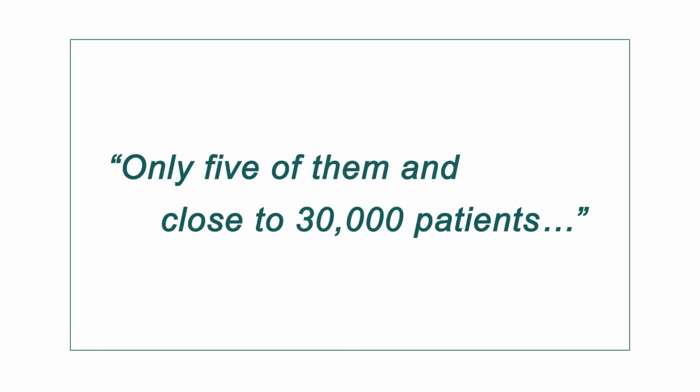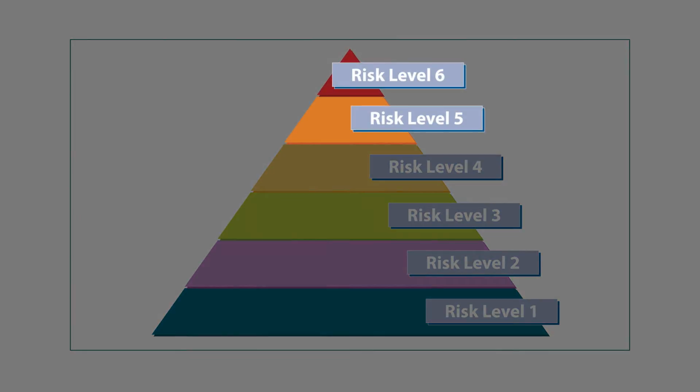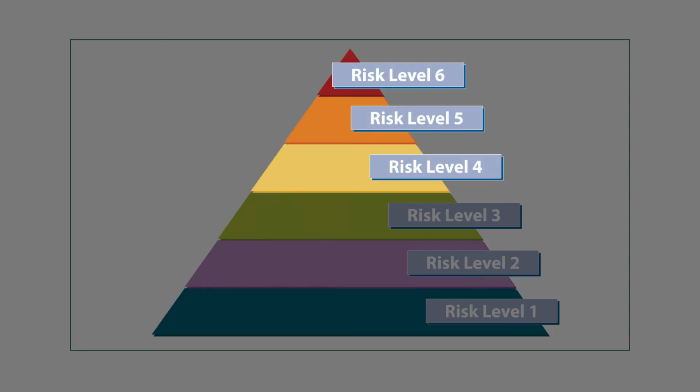Because our care coordination team has only 5 people and we have close to 30,000 patients, we have decided to have our care coordinators work with the highest risk patients to account for the limited resources we have. So they automatically do outreach to level 5 and 6 patients, and they'll work with level 4 patients at the provider's express request, or if upon reviewing their huddle sheets in the morning, they see a patient who could probably benefit from care coordination outreach.